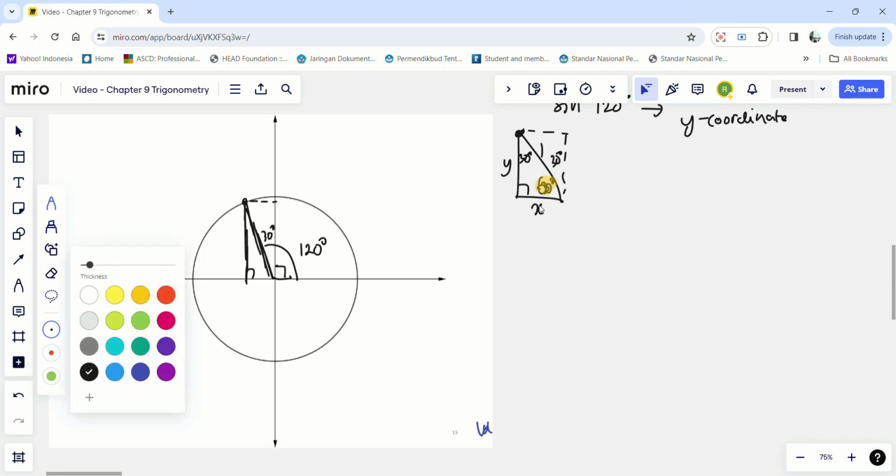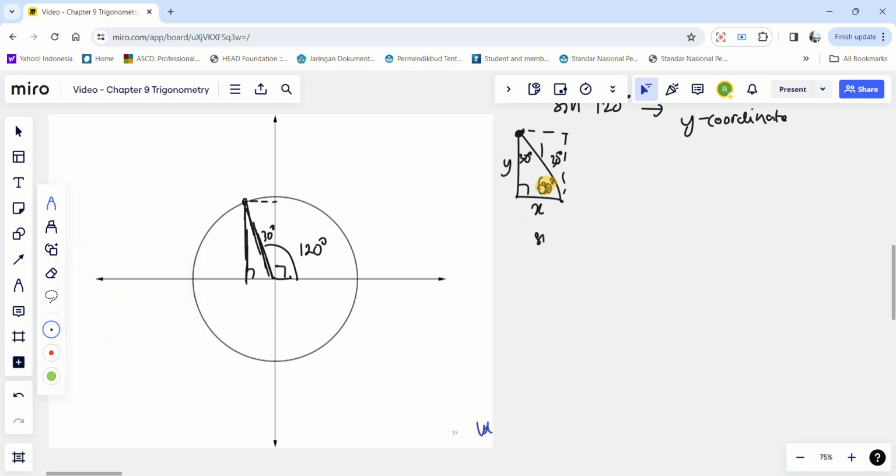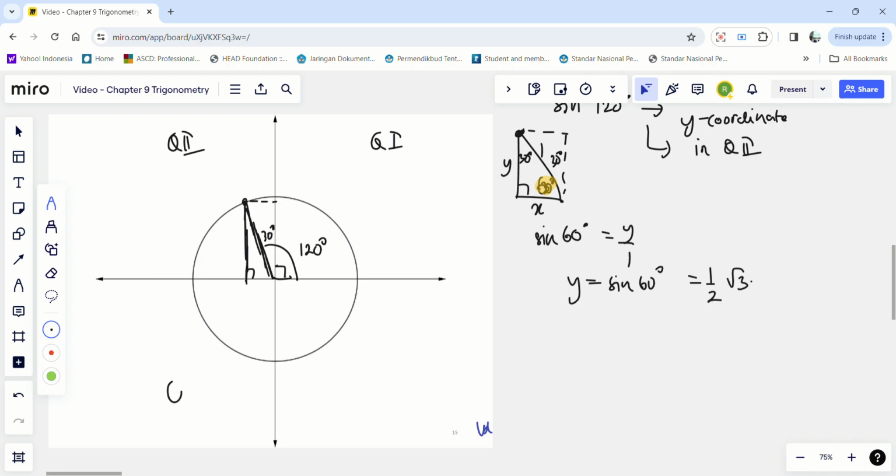In this case, I need to use sine 60 degrees, y over 1, so the y is sine 60 degrees, which is half root 3. Since sine 120 degrees is in quadrant 2, by the way, this is quadrant 1, this is quadrant 3, this is quadrant 4, the y is still positive.